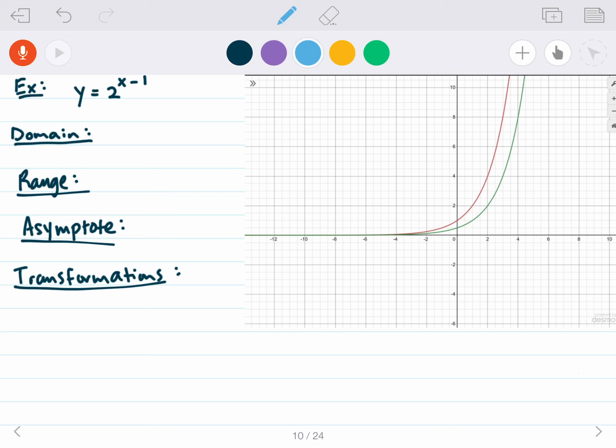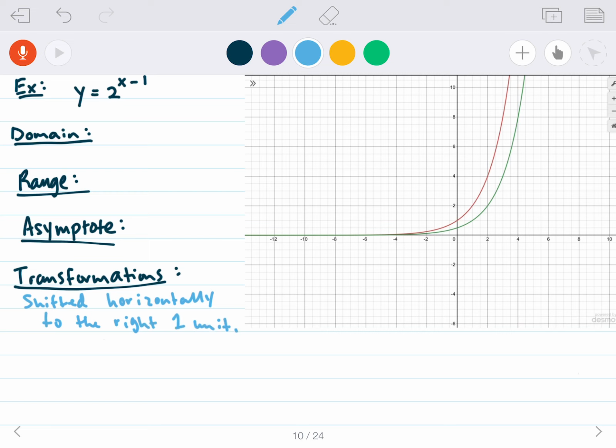So since this minus 1 is in the argument where the x is, it's shifting it horizontally, to the right 1 unit.